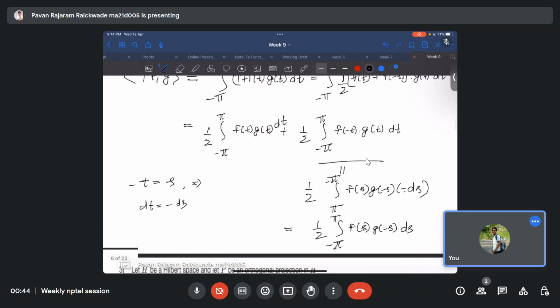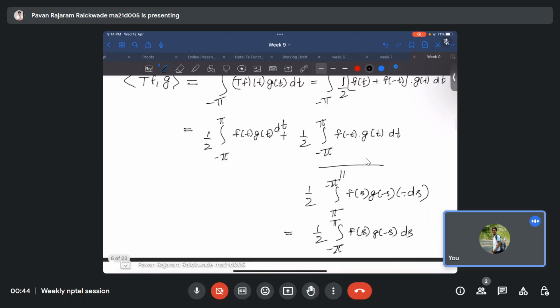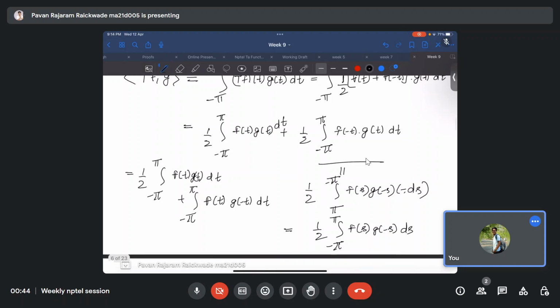Now you just replace s by t and everything else is the same. So I can write this as the integral from minus pi to pi of f(t)g(t) dt plus the integral of f(t)g(minus t) dt, and combine it as half times the integral from minus pi to pi of f(t) times half of g(t) plus g(minus t) dt.